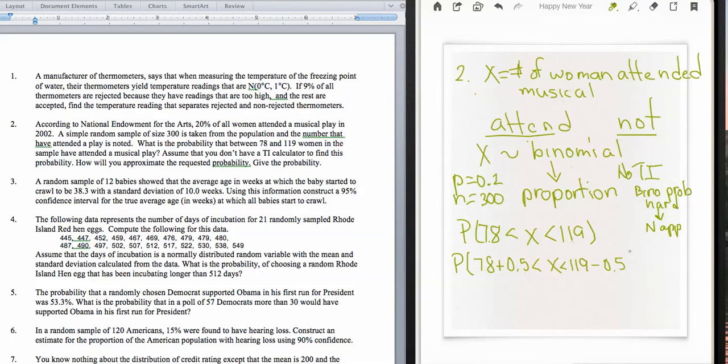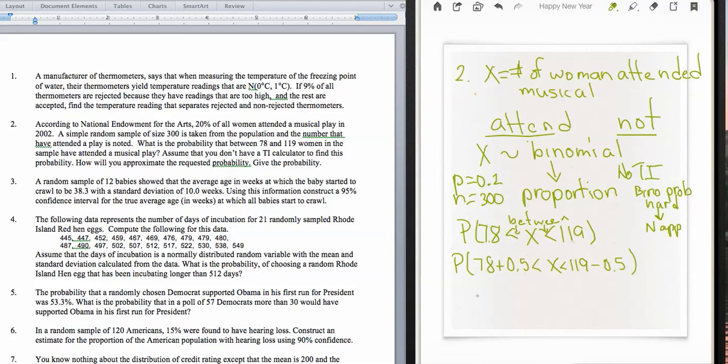The reason that I'm doing plus on this side and minus on this side is because it's between. When I'm between two values, I'm not including the values, right? So between is a strict inequality here and here.